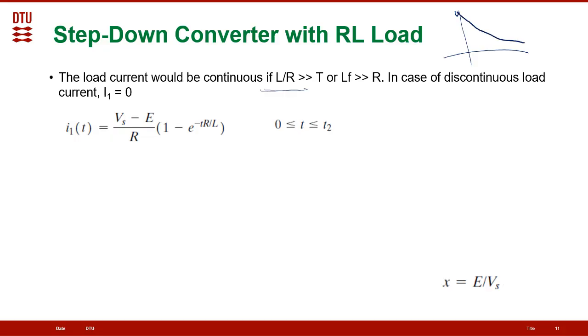So this will be our tau. So for a proper design, we should select tau to be much bigger than our switching time. Say, for example, this is our switching time T.